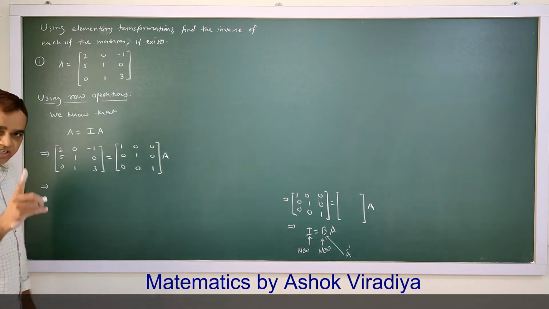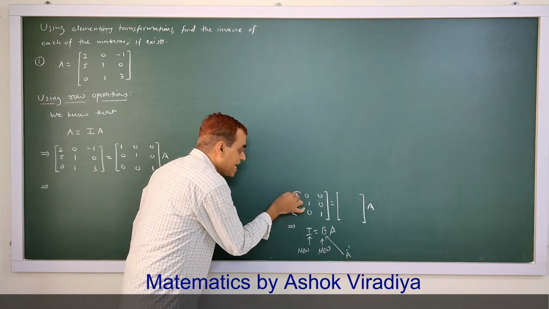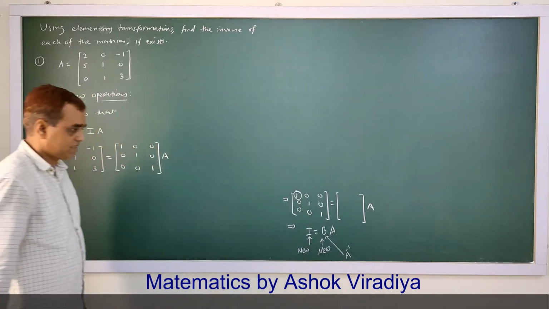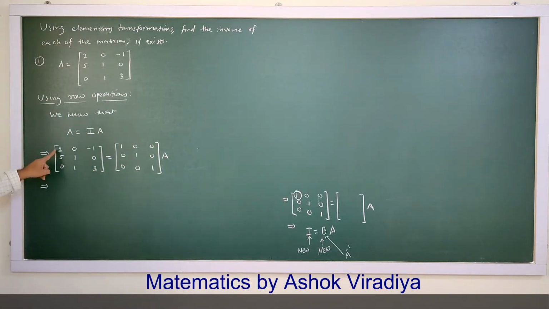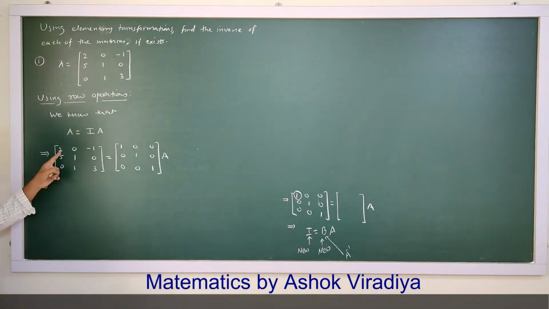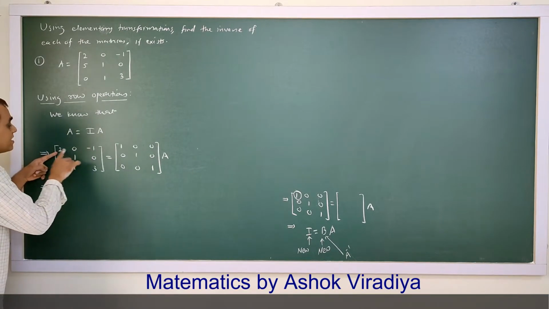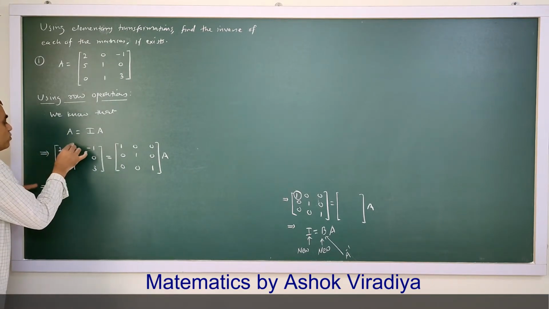In this procedure, first step is set 1. Set 1 here. We want 1. Here 1 is not given, 2 is given. Here we want 1. So what do we do? We divide this row by 2.